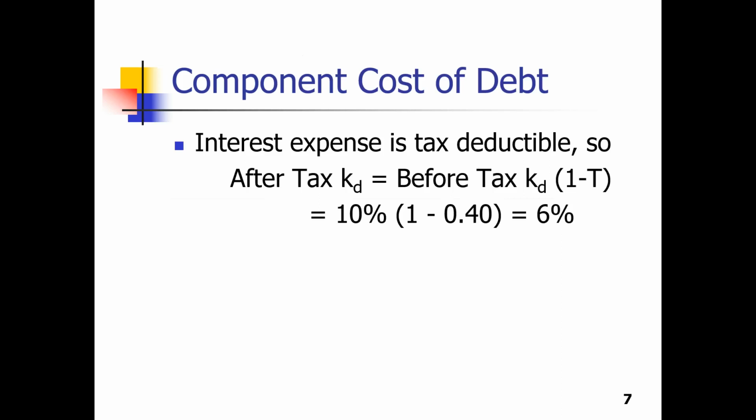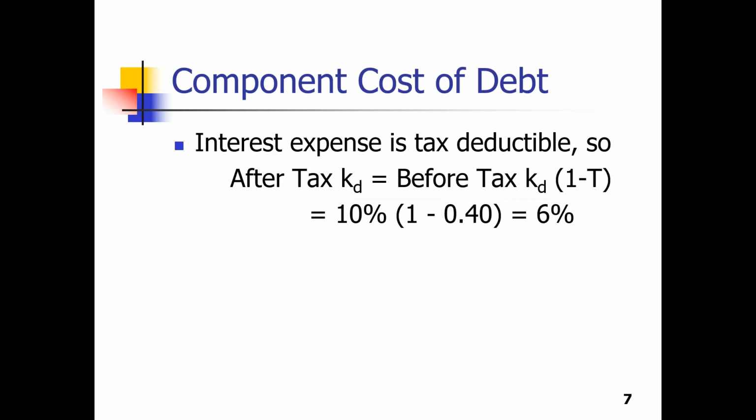So if they pay 10% interest on their capital, they save 4% of it because of taxation. 1 minus 0.4 is 0.6, and 0.6 times 10% is 6%. Their after tax cost of debt capital is 6%. In fact, in accounting, whenever you see the formula 1 minus tax rate, you can translate it into English or German as after taxes.